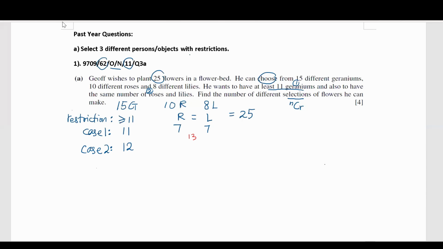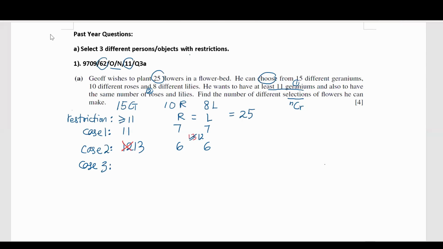Then we will not be able to have an equal number of roses and lilies. That's why we couldn't have 12 geraniums, and hence I will try 13 geraniums, which means we will need 12 more flowers, and hence there are 6 roses and 6 lilies. Then case 3.